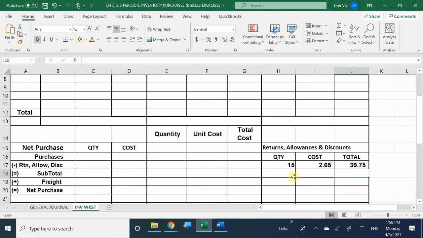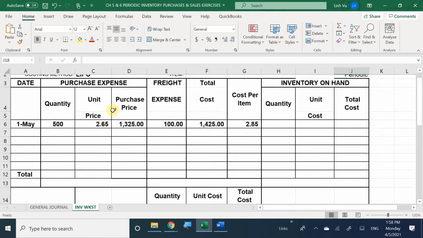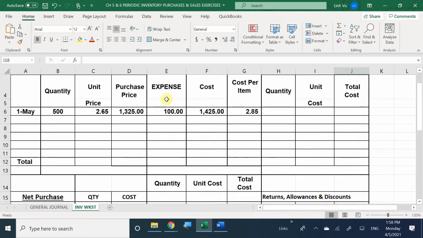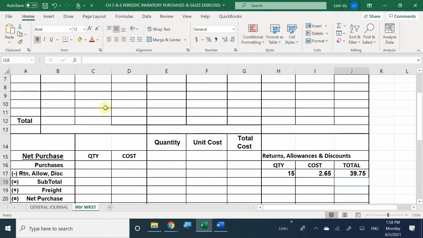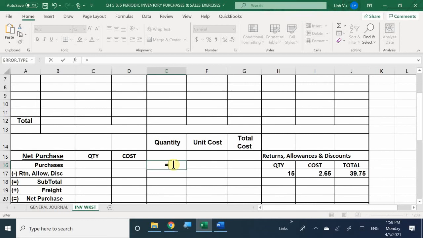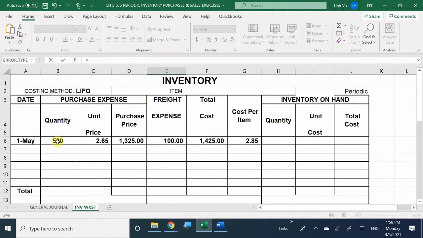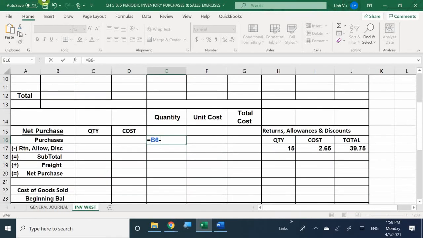So if you want to color code this to give you an association that this batch belongs to this batch, because we ended up returning 15 of them, we don't have all 500 items anymore. We have less than that. So go ahead and color code that so you can make an association. But I'm going to also place it here because we need to know that. We started out with 500, but we ended up returning 15 of those items.